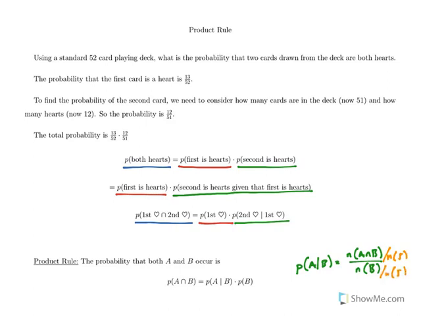Then these become probabilities. This is really just equal to the probability of A intersect B over the probability of B. It's really just a manipulation of the conditional probability definition we gave on the previous page.